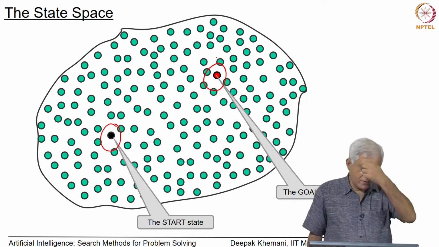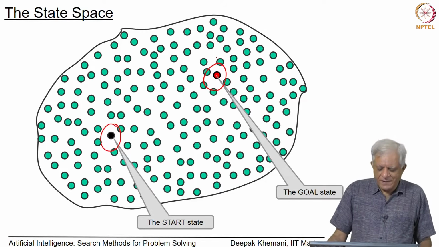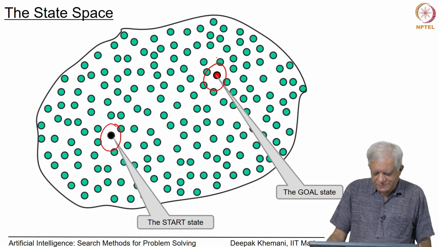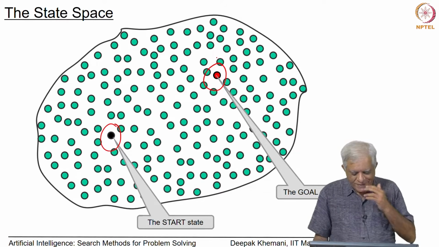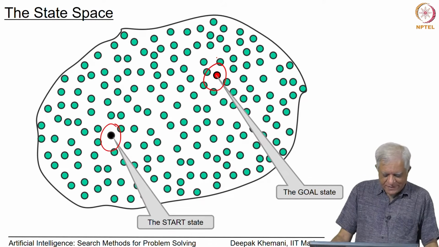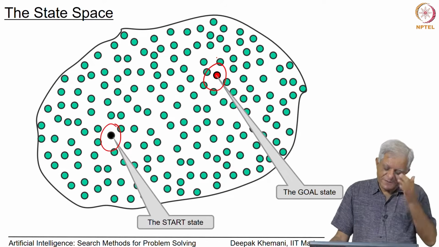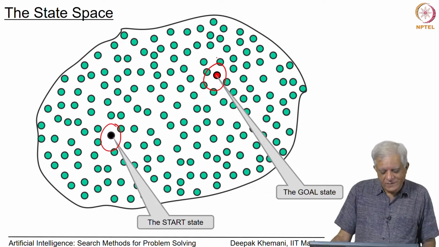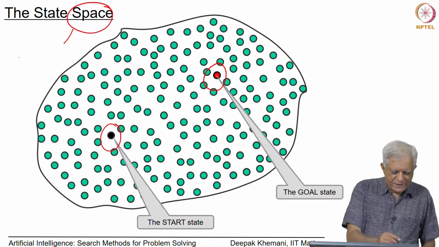If you want to measure out 4 liters, then there may be more than one state which is a goal state, but for simplicity let us assume that we have one goal state, and it can easily be extended without loss of generality to multiple goal states. Our task is to somehow transform the start state into a goal state. So, the space in which the problem is being looked at will be called the state space, in the sense that the space is a collection of states.